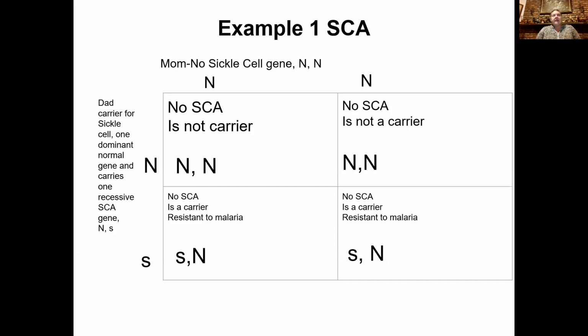That particular disorder causes your blood cells, instead of being little round platelets, to be sickle or moon shaped. So they're kind of pointy.